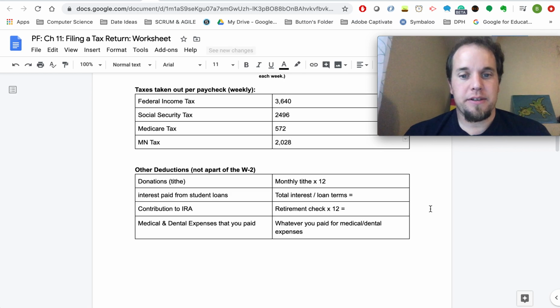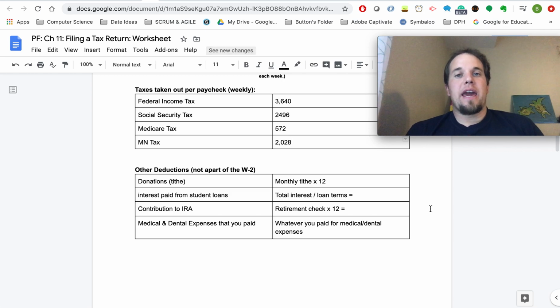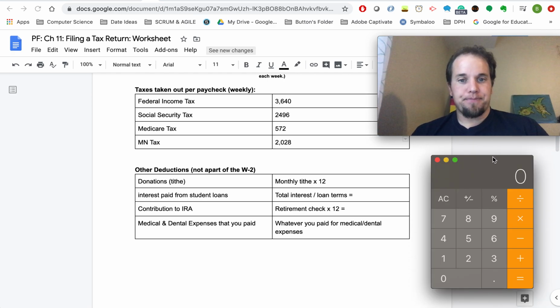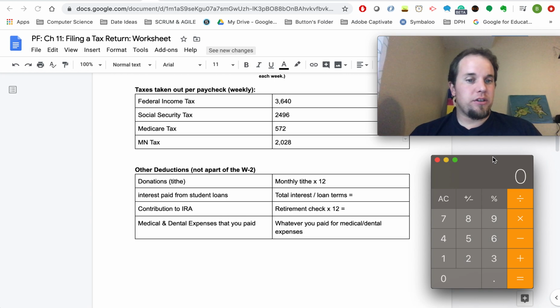Other deductions. At the beginning of our game, we had tithe. That was a part of our monthly expense report. With that monthly expense report, we were supposed to update it to find out how much we're giving to our local church as a tithe. Now, you had the choice on how much you wanted to do for this.